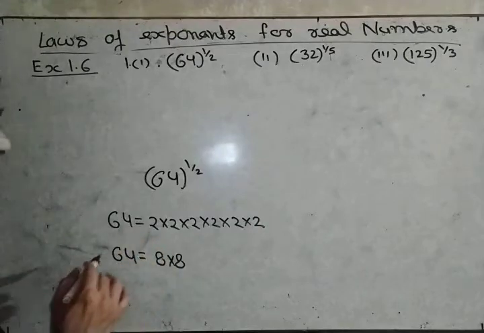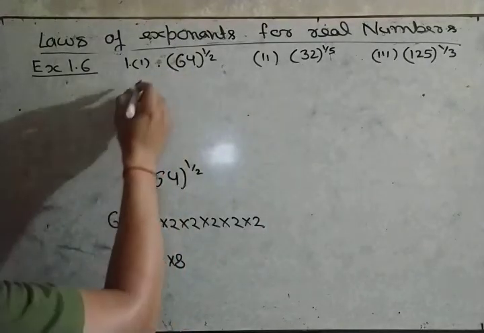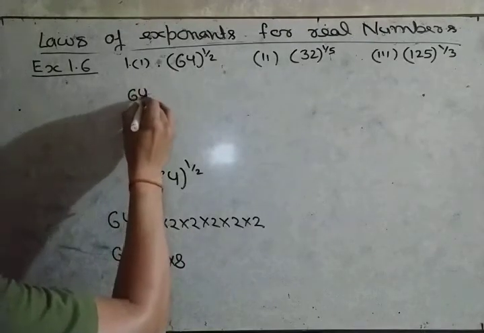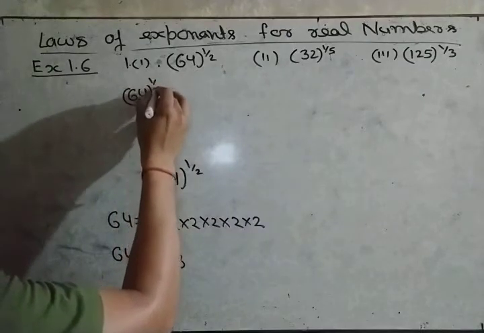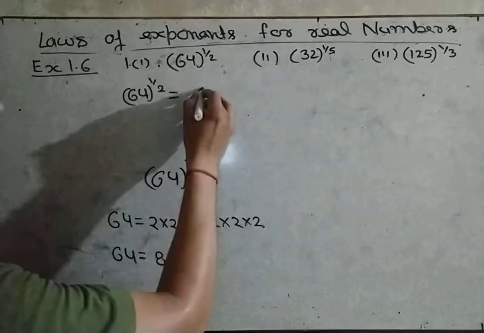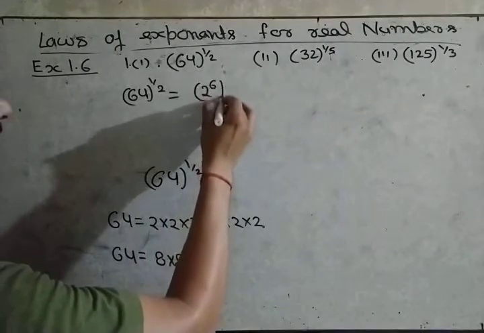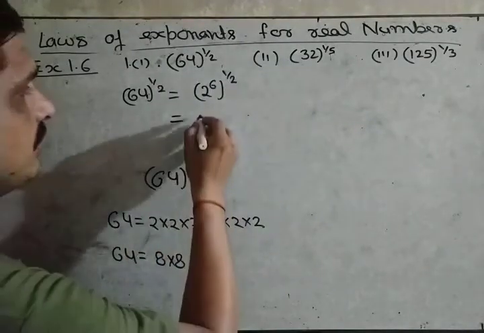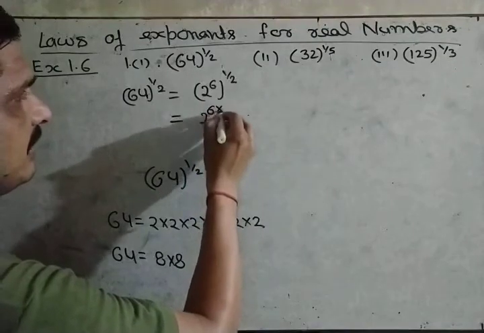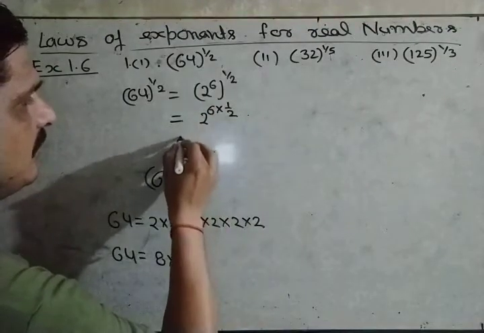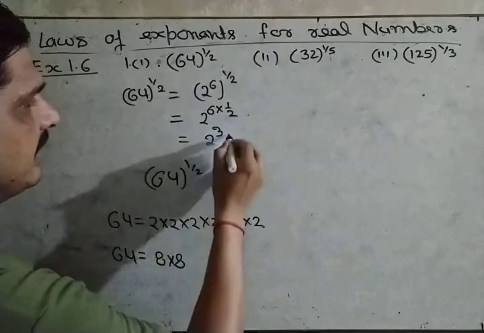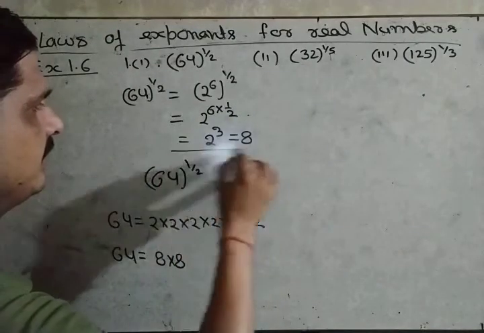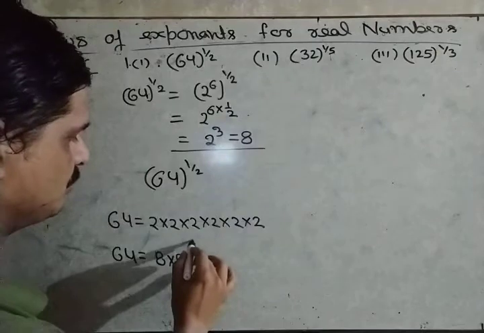Let us break 64 into 2 to the power 6. 64 power half can be written as 2 raised to the power 6, and according to the 5th or 6th rule, when you multiply the powers, you will get 2 raised to the power 3, and that is 8.